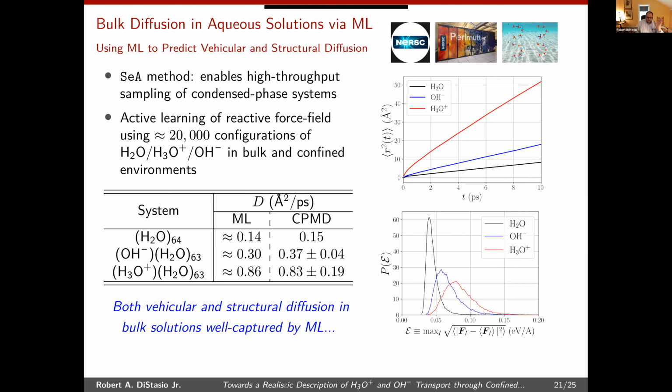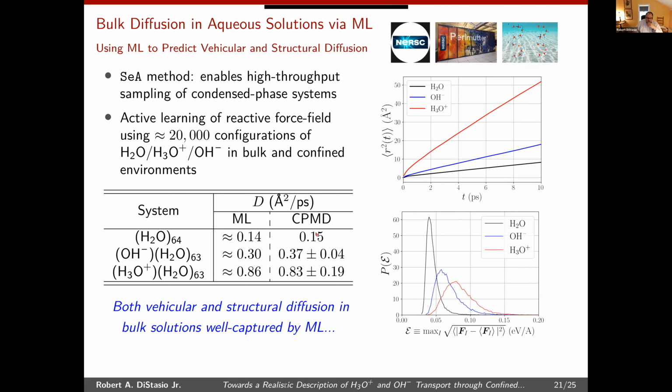Now, let me just show you the first result that we were happy with. Here are the model deviations, which are not bad, again, constantly being improved. And the first real nice thing that we found is that we can actually capture the vehicular and structural diffusion in the bulk. So these are CPMD calculations that are from the Nature Chemistry paper with Stefan, Roberto, and Mike Klein.